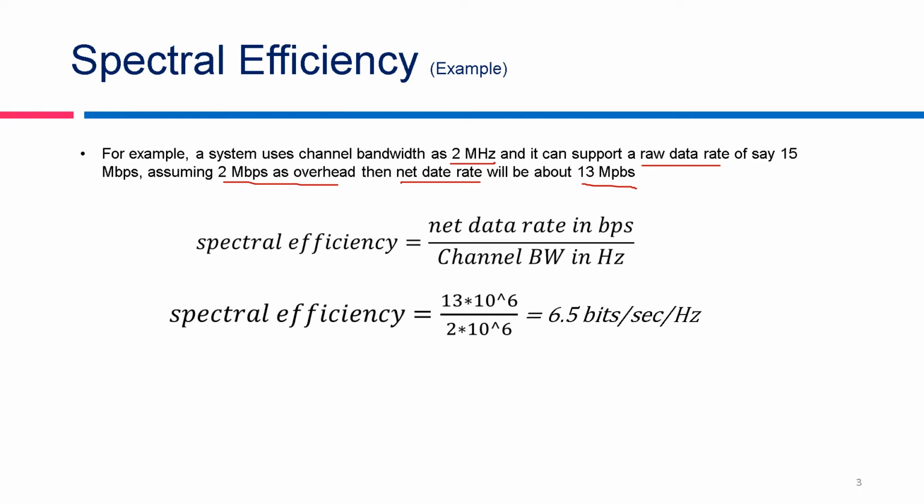Let's put the net data rate and the channel bandwidth into the spectral efficiency formula. This is my net data rate, and this is my channel bandwidth, and doing the calculation I get 6.5 bits per second per hertz as the spectral efficiency. Which means every second I can get 6.5 bits within 1 hertz of channel bandwidth.